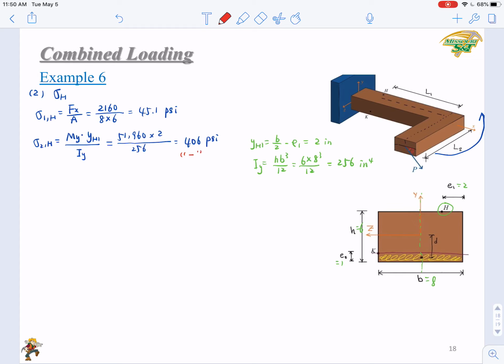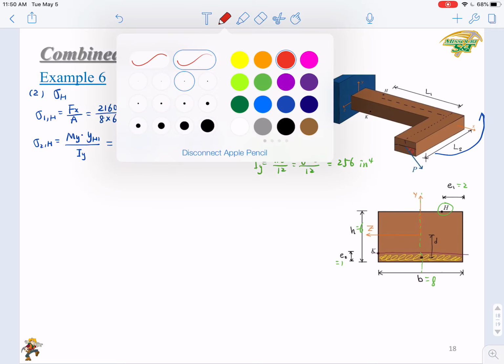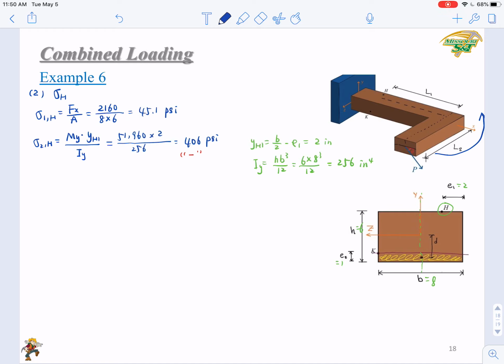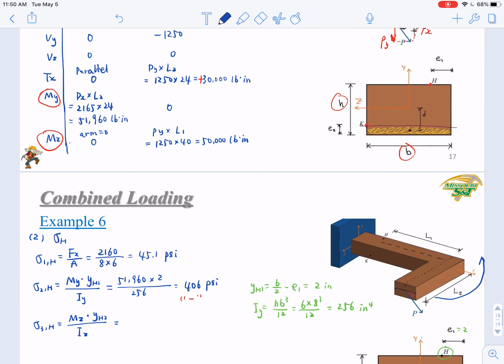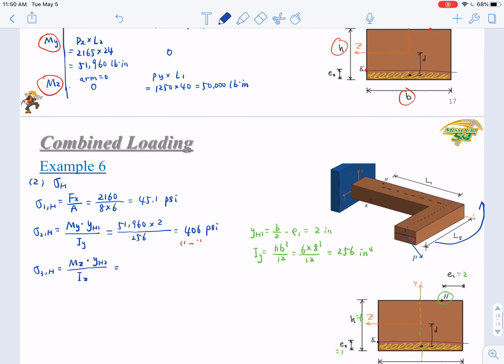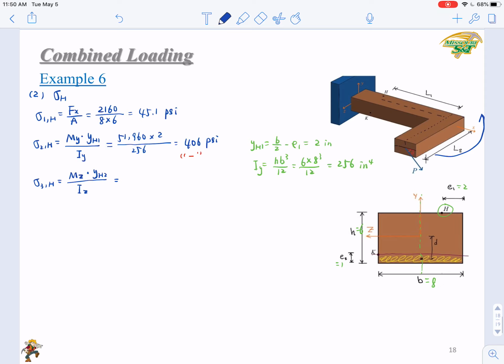So how about the other components? Due to bending moment Mz, this will be sigma 3 H equals Mz YH2 over Iz. The Mz, as we just determined, is 50,000. 50,000 times, what is the y?